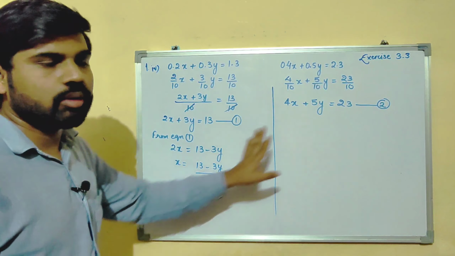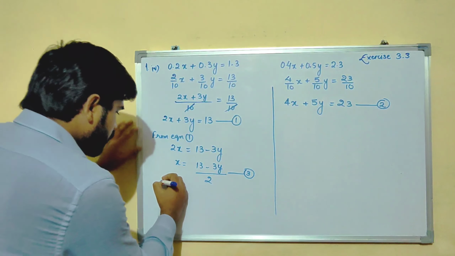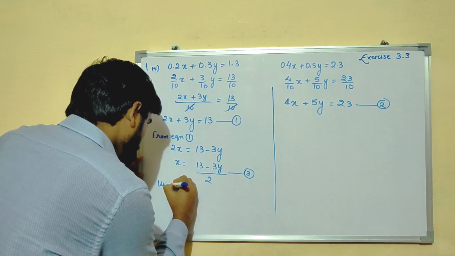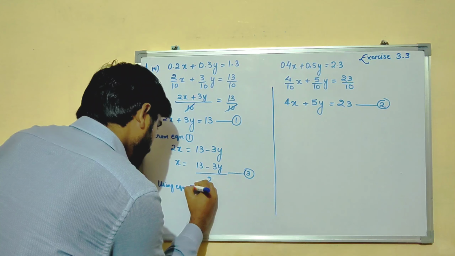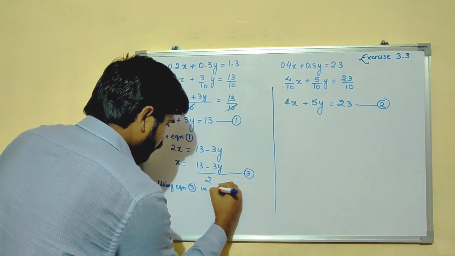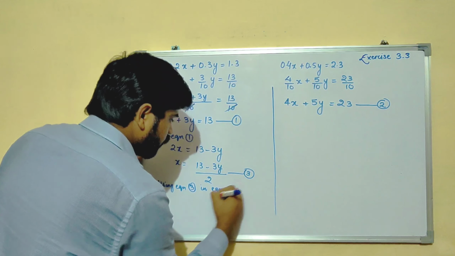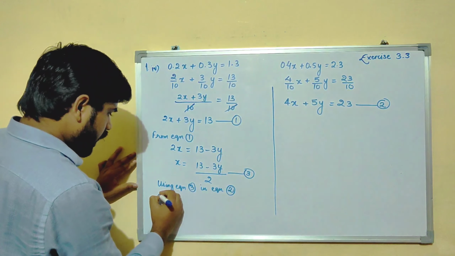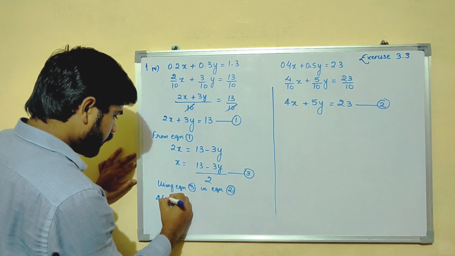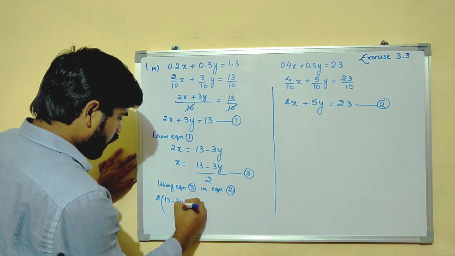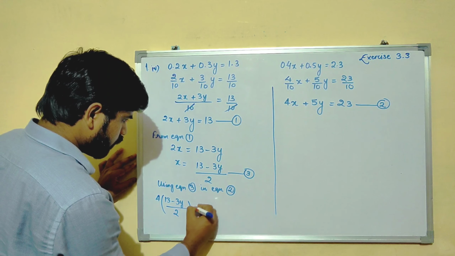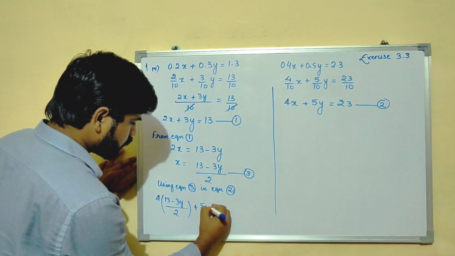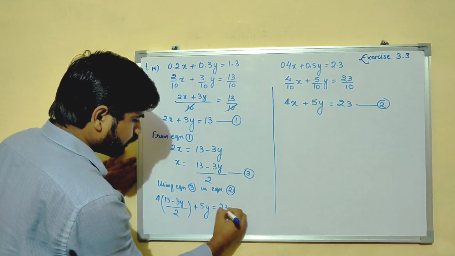Now substitute this value in the second equation, using equation 3 in equation 2. So 4x, that means 4 times 13 minus 3y upon 2, plus 5y equals 23.